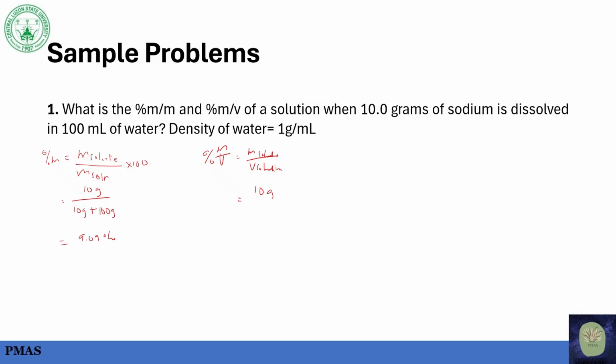For the volume, since we just dissolve it, we can use the volume as is, 100 ml. This is multiplied by 100. By my calculator, this is 10%. So notice the difference when you use different ways of expressing the concentration.